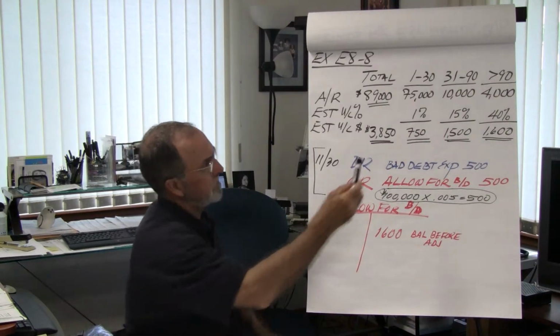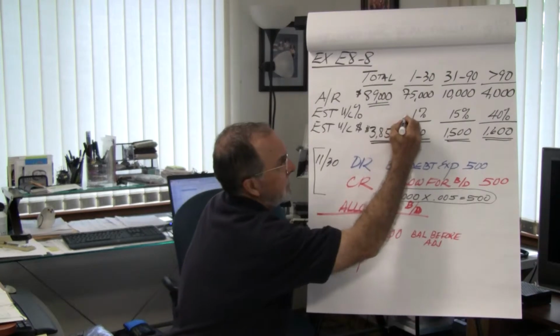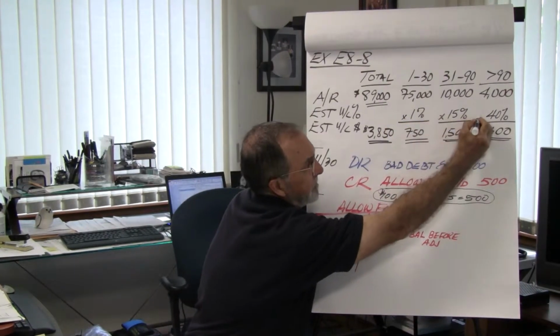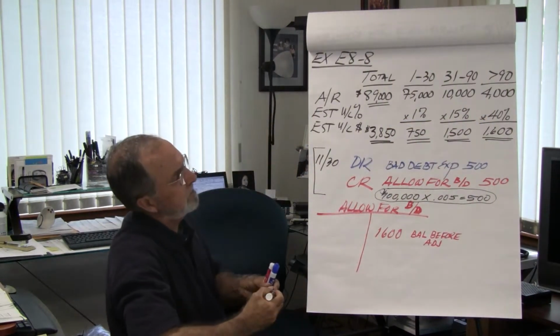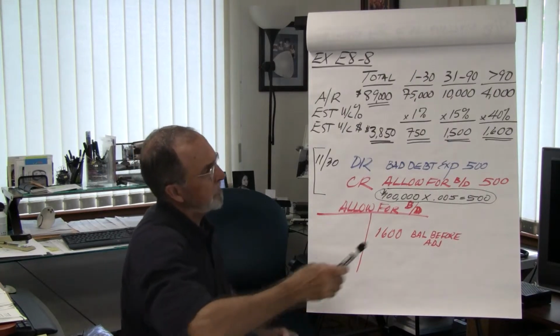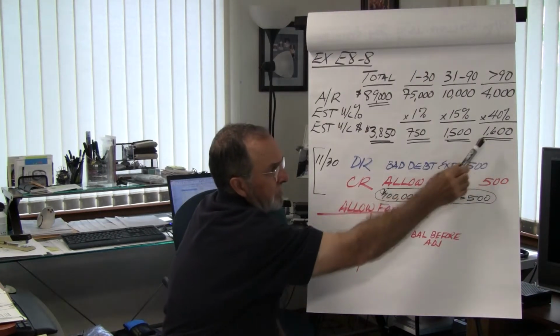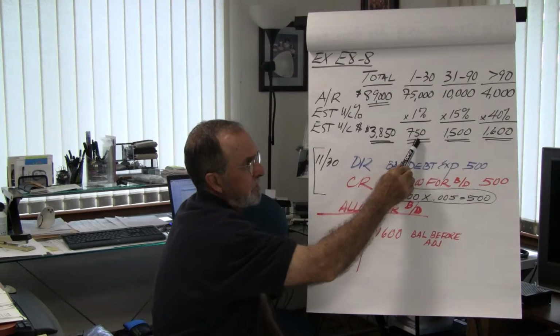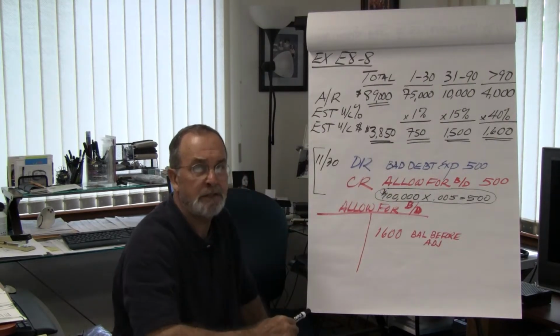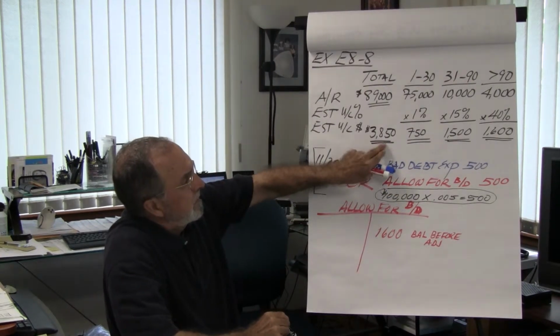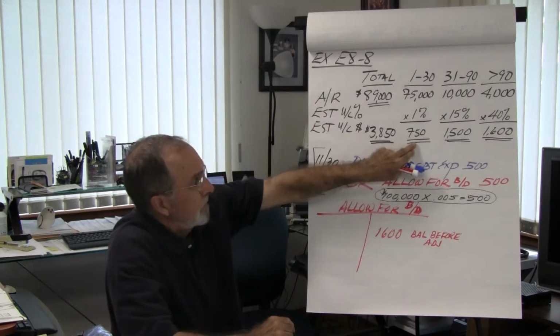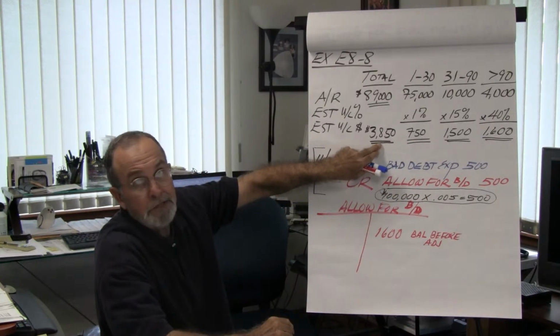And so this is a multiplication calculation here for each column. And so we come up with the estimate of amounts that we think we will not collect for each of the three aging groups, and the total, 3,850.